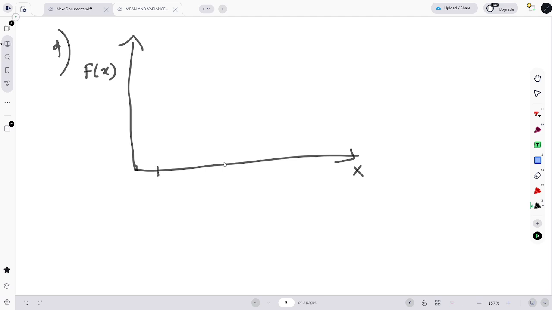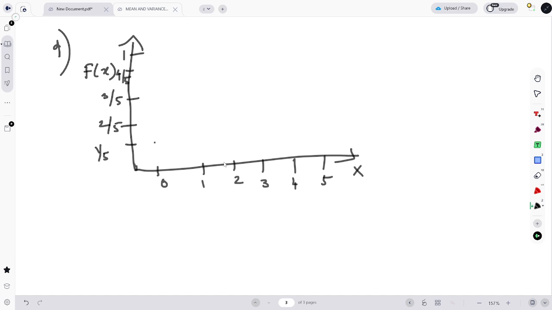So 0, 1, 2, 3, 4, 5 on the x-axis, and 1 by 5, 2 by 5, 3 by 5, 4 by 5 and 1 on the y-axis.